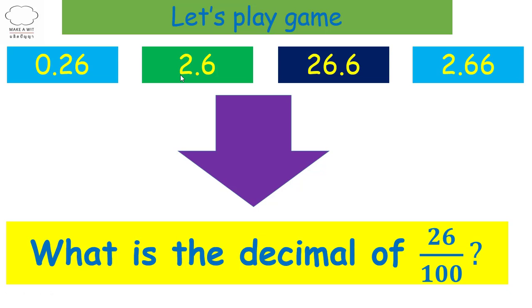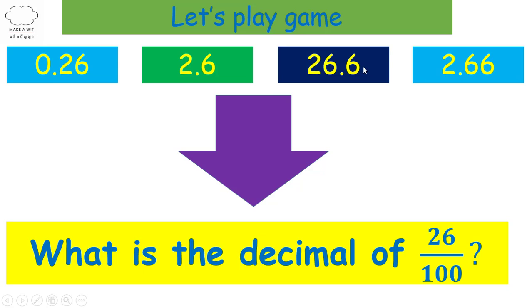One, two, three, four, five. Okay, so right now, step 1, we have to count the zeros. 1, 2. It means that we have to count 2 decimal places. Step 2, we have to write the numbers 2 and 6.